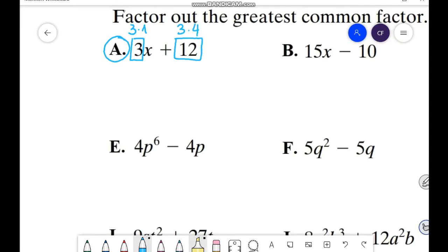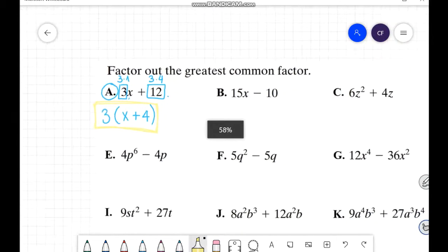I can see that the greatest common factor is 3. What about the variables? We have the variable x, but we don't have any variable in the second term. So we can write down here 3 times x plus 4, and this is going to be the right answer. Very easy. The first questions are not difficult.